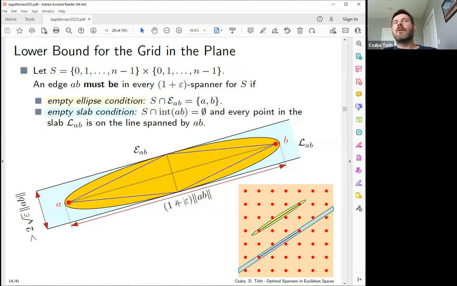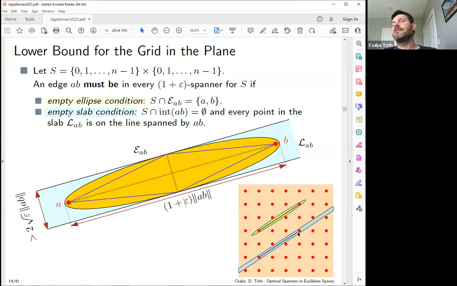Ellipses are hard to work with, even in the grid. So an easier condition is an empty slab condition, where I take the entire infinite slab centered about this point pair, and require that this slab is empty apart from points on the same line.